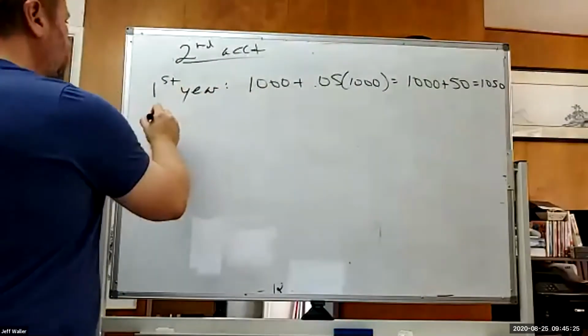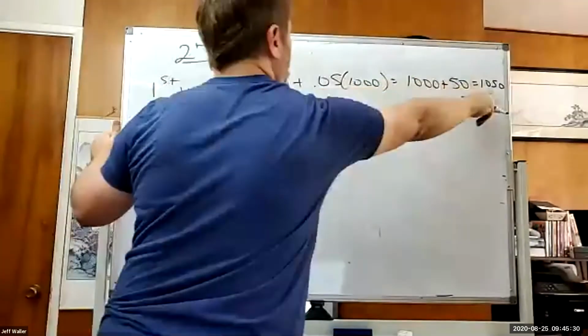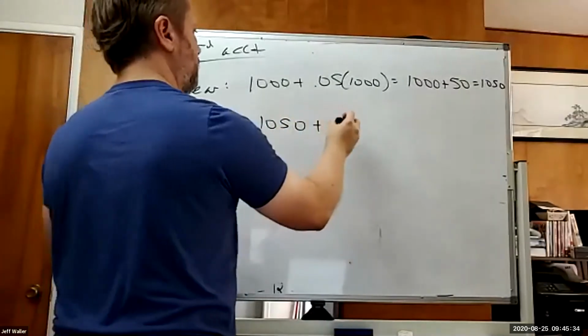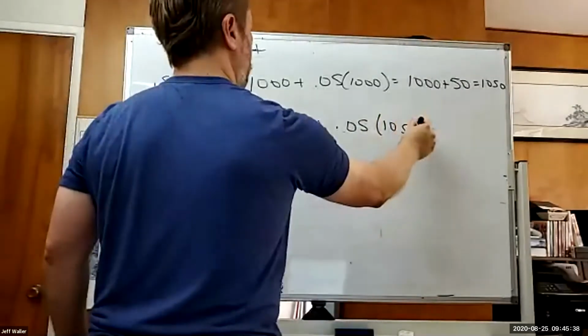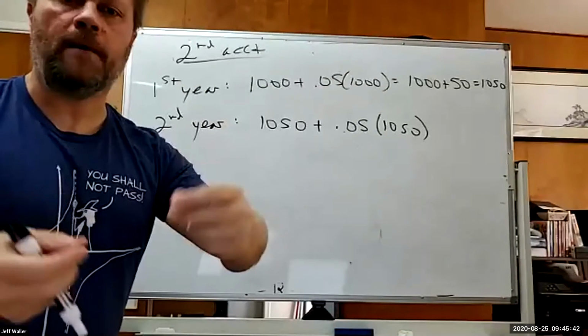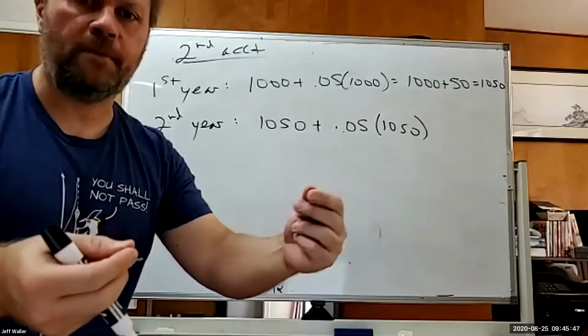And then the second year, we did 1,050 plus 5% of 1,050, right? Because now we did 5% of the new amount. That's what the compound interest does. It makes money on top of the money that you made already.